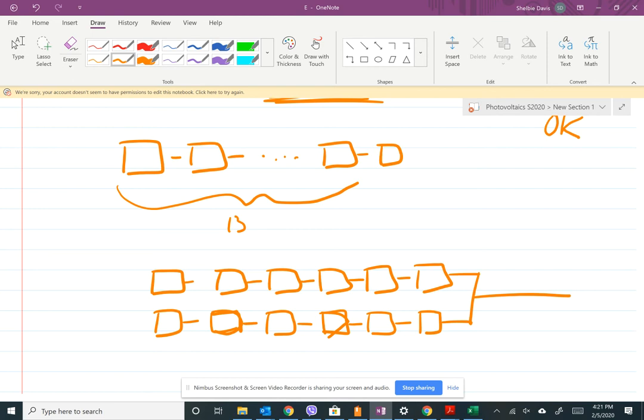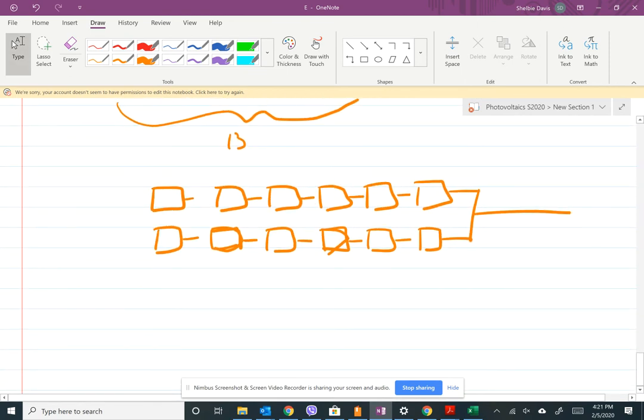But 17 is a weird number. You can either put all of those in series, or you're going to have to go down to 16 or go up to 18. Or put all of them in parallel? All of them in parallel won't work because your voltage will be too low. It has to fall in this range, and I'll show you in a few minutes.